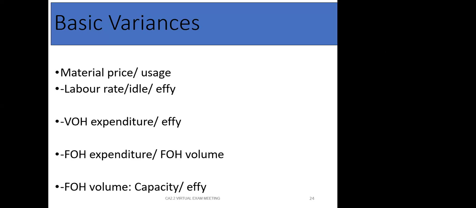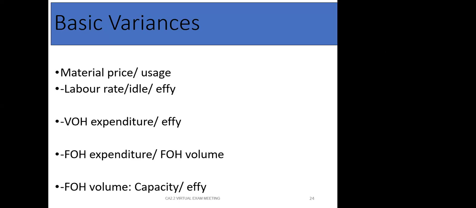Fixed volume variances are divided into fixed volume capacity variance and fixed volume efficiency variances, and sales price and sales volume variances. These are what are known as basic variances. And at the diploma level, these are covered in the DA5 paper.